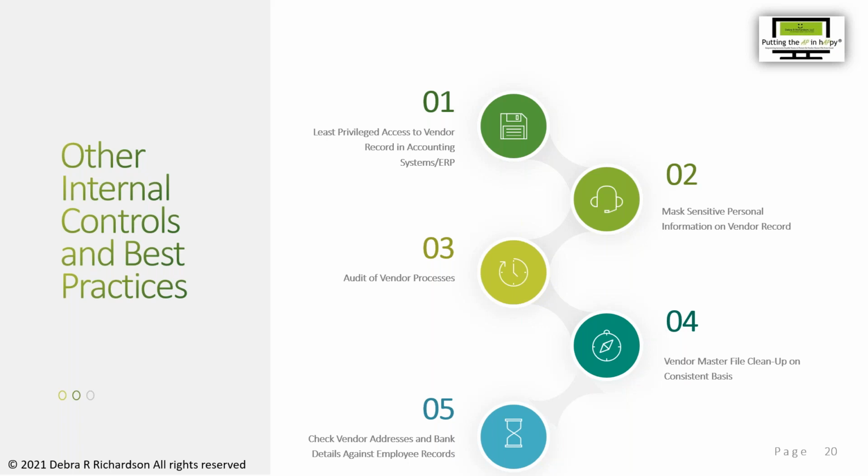Make sure that you only give access to those that absolutely need it, and make sure you're doing regular security roles and access audits to ensure that those that have left the company or maybe transferred to a different department, that their access has been removed.